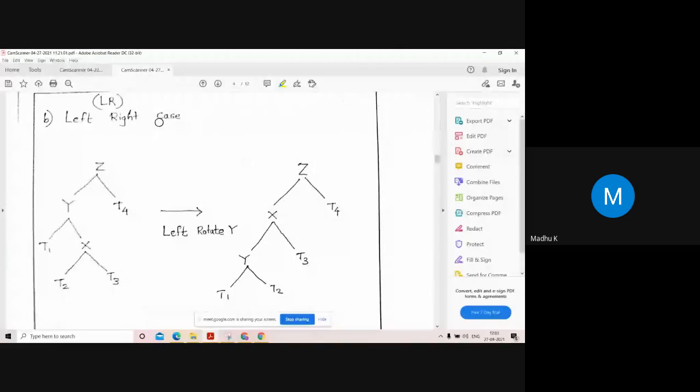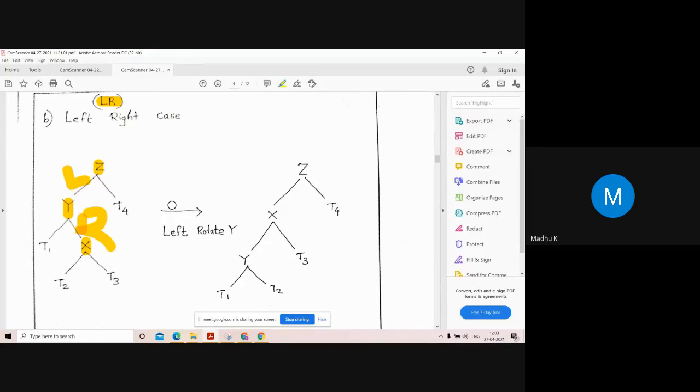Next, what is the LR case? Z is here, Y is left, and X is right. So this is called the LR case.